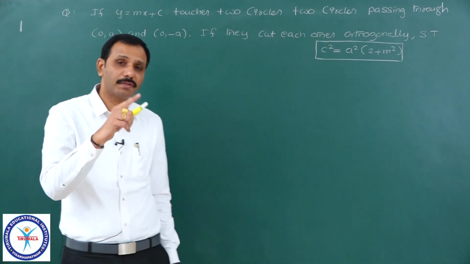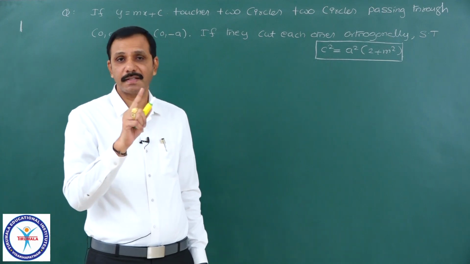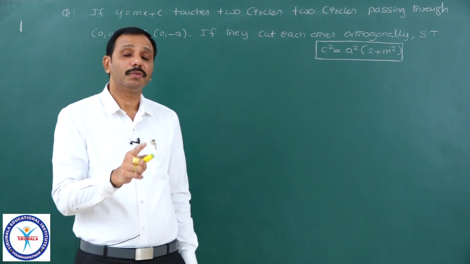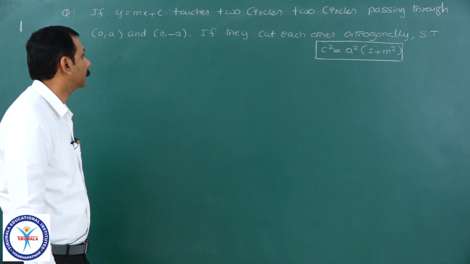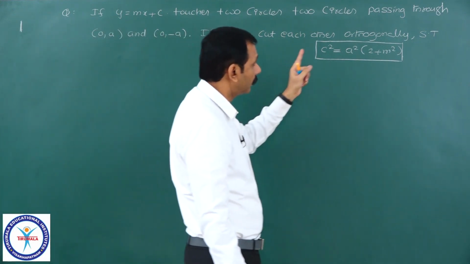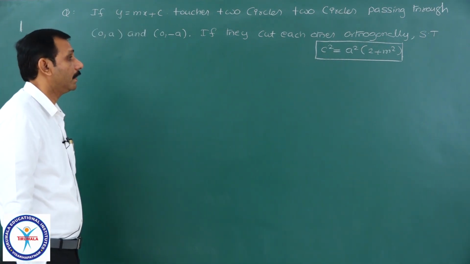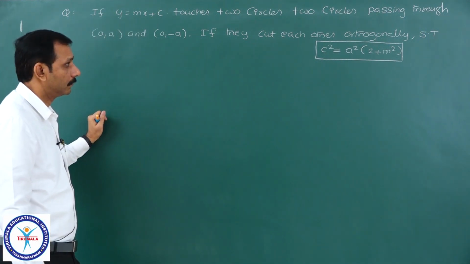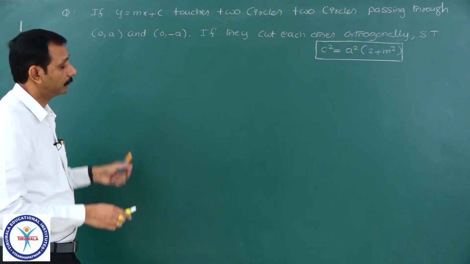Two circles passing through (0, a) and (0, −a) are intersecting at 2 points, and those 2 points are (0, a) and (0, −a). Also given, if they cut each other orthogonally, then show that c² = a²(2 + m²). Very important model for JEE.